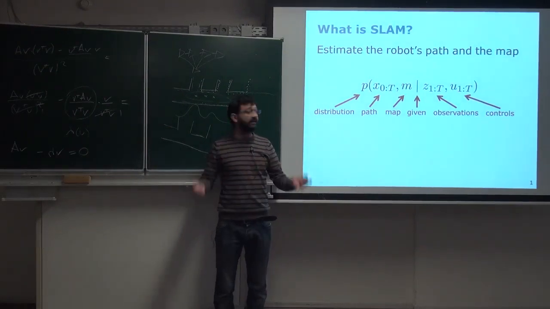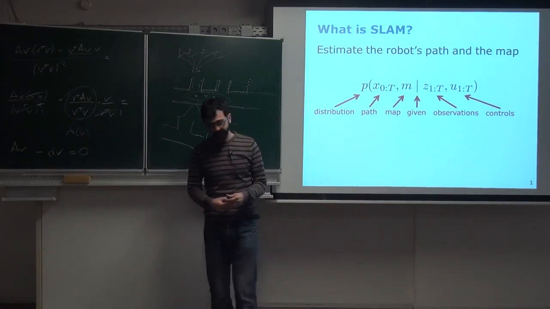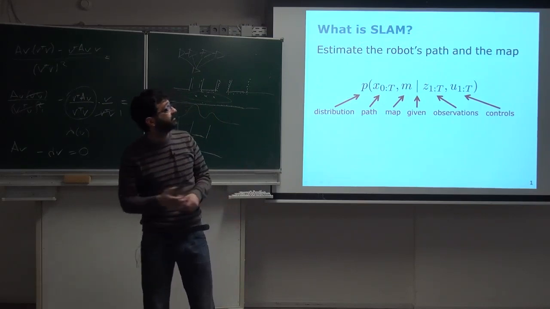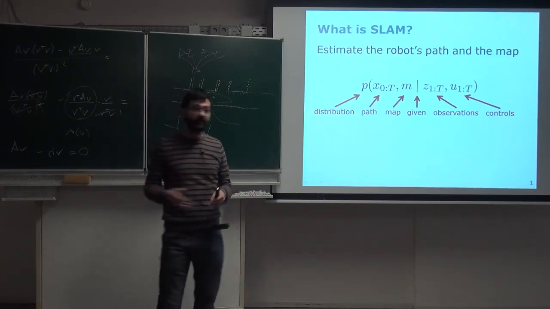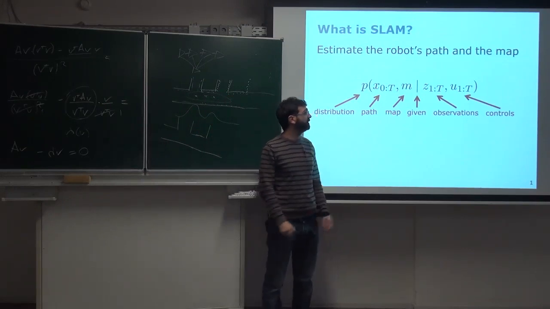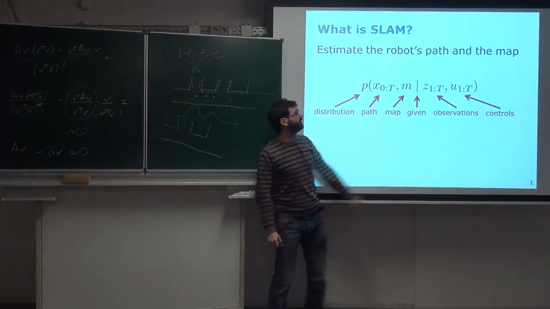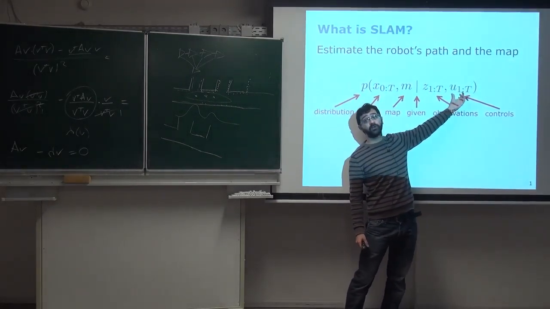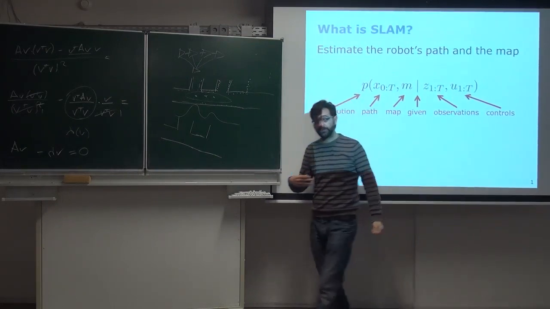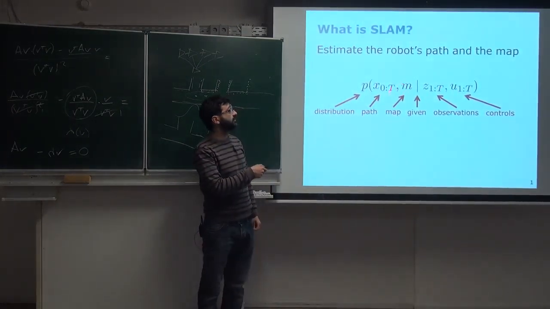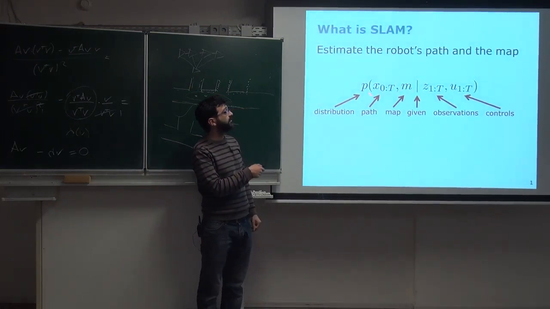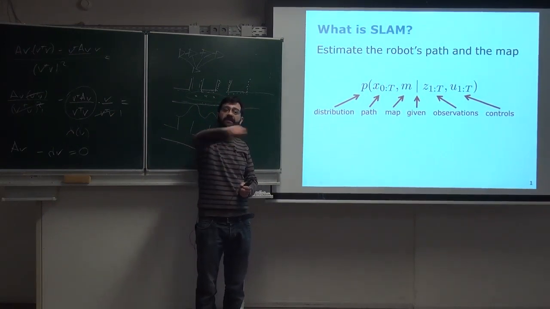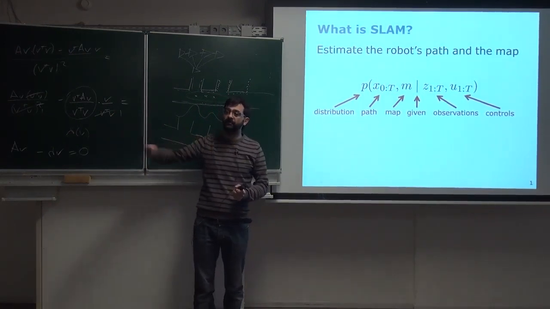So what we studied during this whole class is this problem here. It's called SLAM, for simultaneous localization and mapping. In some way you can summarize it as: given that I have some measurements of the world and some measurements of how the robot moved in the world from its own sensor data, I want to know how the world looked like, so this M here, and I also want to know where the robot is in this world, or how the robot navigates in the world, so where it collected all this information.